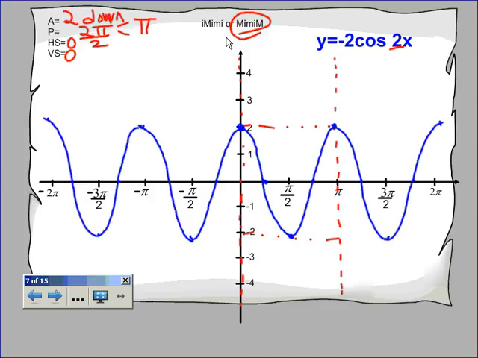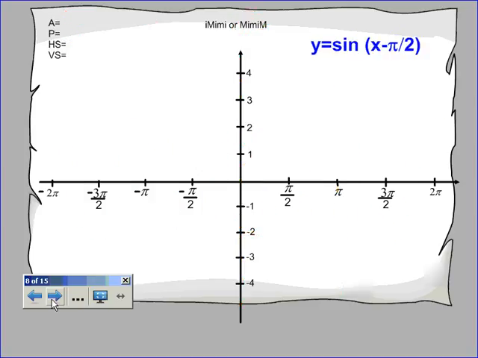Now let's see the next screen. What does that number do? Is it A, B, C, or D? Well, that number behind the x is C. It's a horizontal shift, or phase shift.